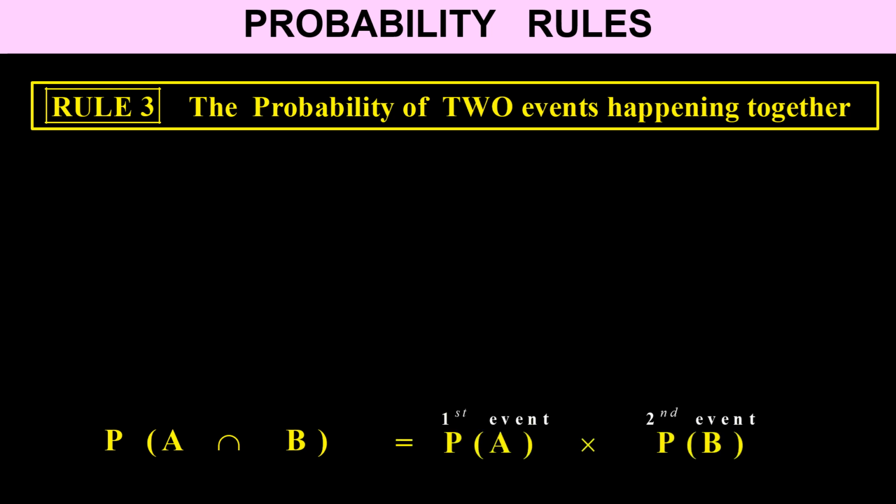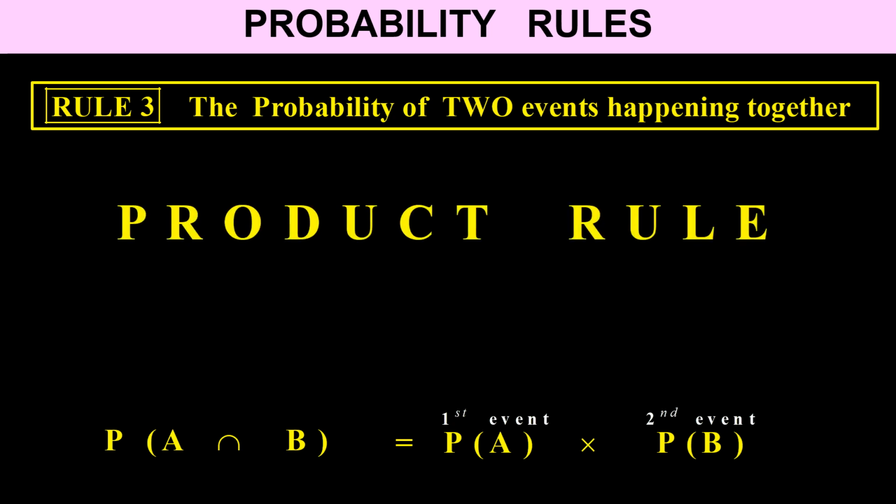Now let's consider the third rule: the probability of two events happening together or one event after another event. So the probability of A and B, which can also be denoted as A intersection B, is the probability of the one event times the probability of the second event, right? And because we have the product of the two probabilities, we refer to this as the product rule.